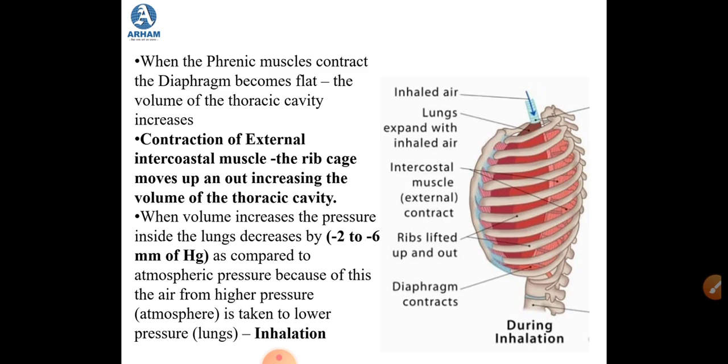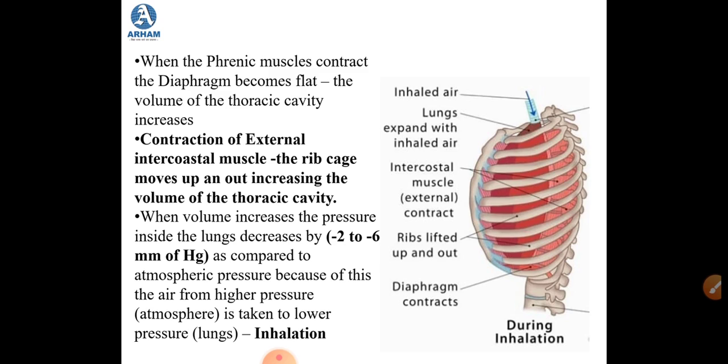So what happens in inhalation? Once again, the phrenic muscles contract, because of which the diaphragm becomes flat, and the external intercostal muscles contract, so the ribs move upwards and come out. This increases the volume of the thoracic cavity.